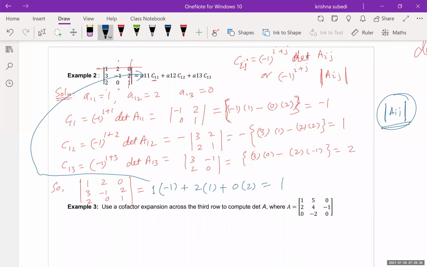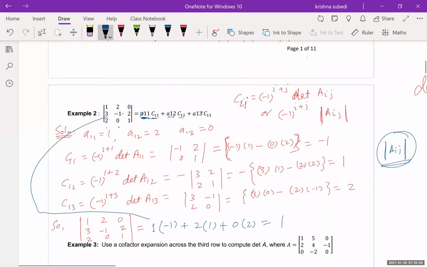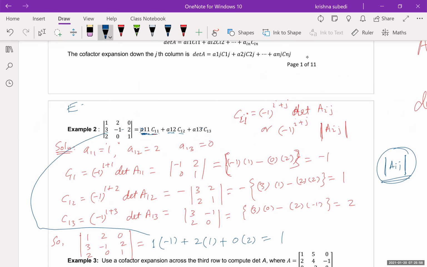Now, in example 2, whenever I consider all this, a sub 11 c11, a sub 12 c12, you see what I did here is that I changed the column, but the row remains the same. It's called expanding the first row. In this case, the method that I use here is called expanding first row.